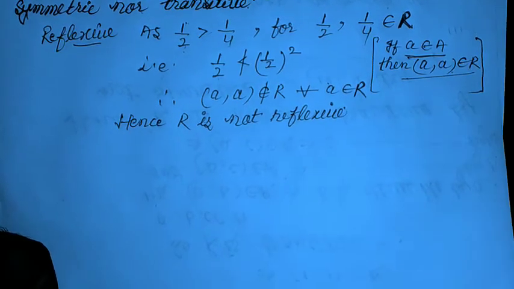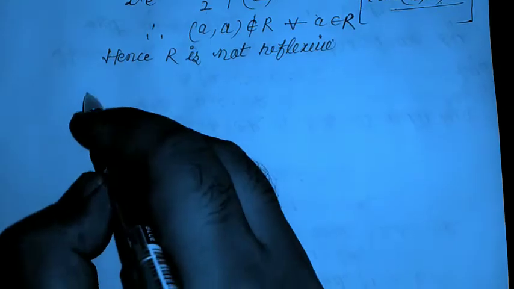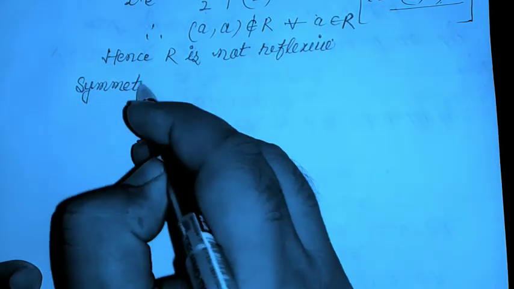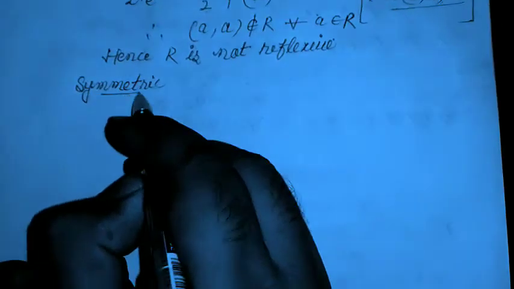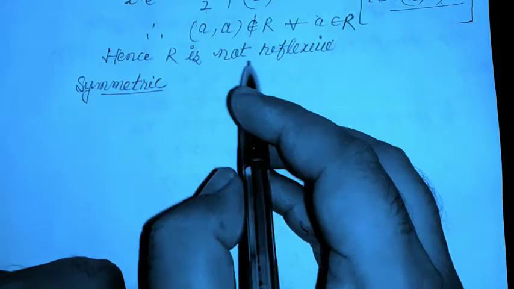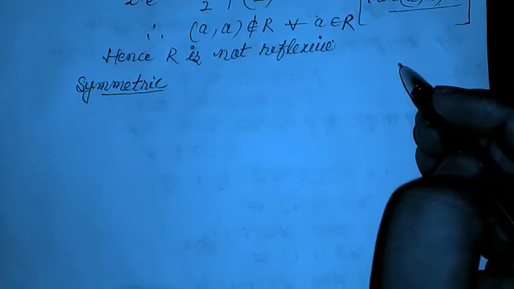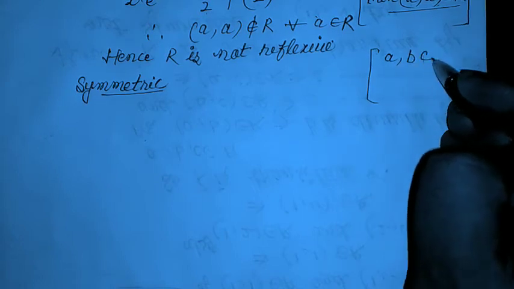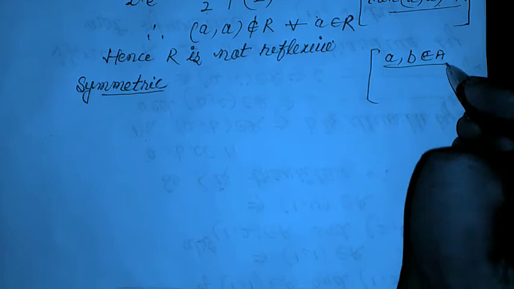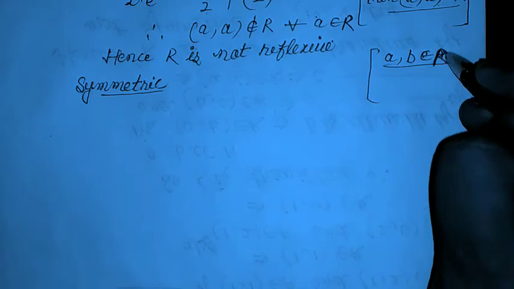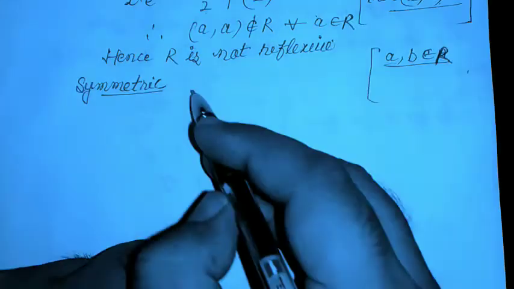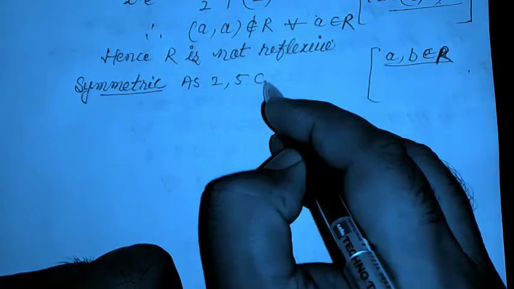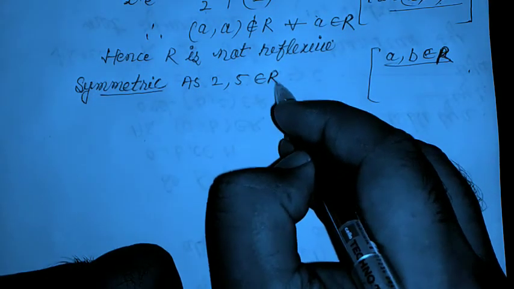Now we will go further: symmetric. We need to take two elements a, b belonging to set A. Here set A is the real numbers. Say we take 2 and 5, which belong to the real numbers.